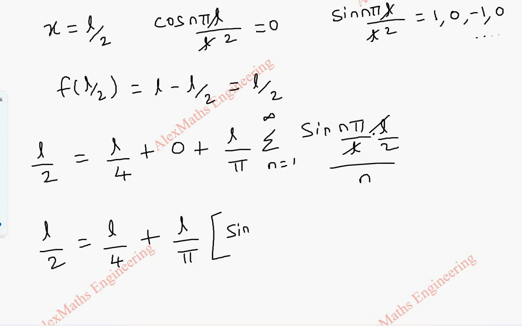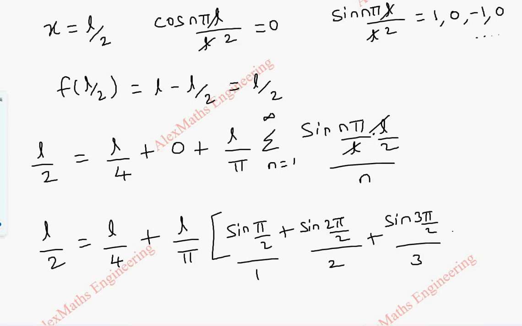So sine 1 pi by 2 by 1, sine 2 pi by 2 by 2. When I put 3, sine 3 pi by 2 by 3. When I take 4, it is sine 4 pi by 2 by 4. Then sine 5 pi by 2 by 5. Like this, keep going till infinity.